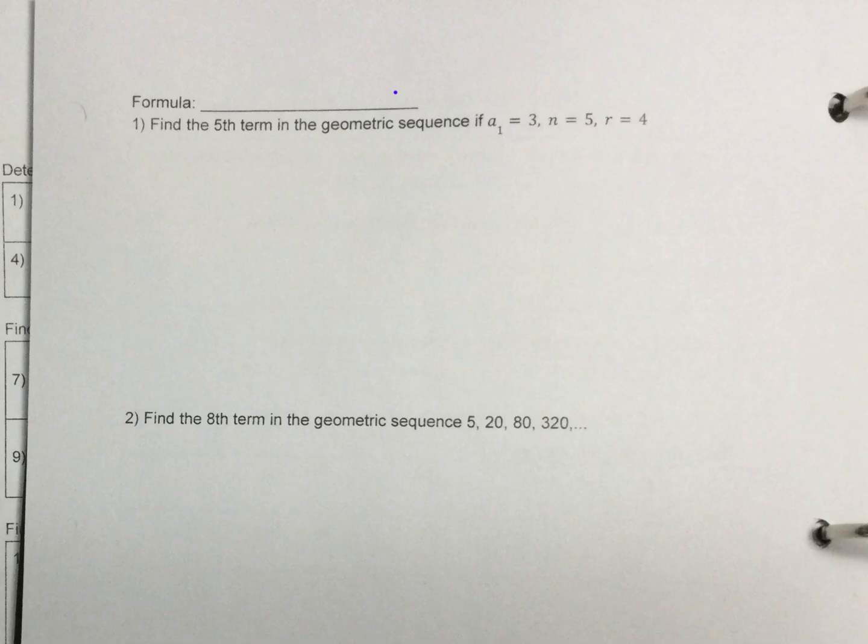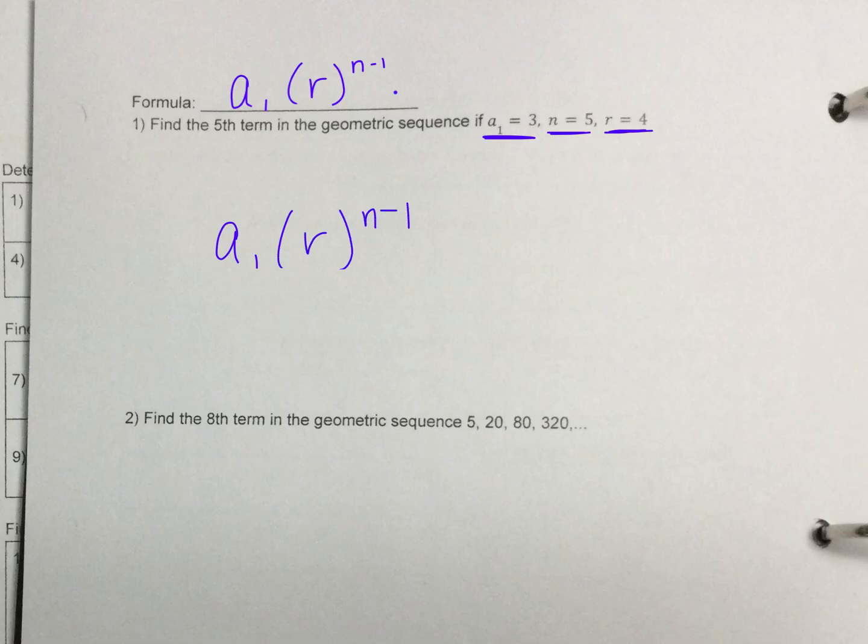We're going to do these 2 problems together, and then I'll be done. So A1, our formula, times R, exponent N minus 1. Find the 5th term in the geometric sequence if A1 is 3, N is 5, and R is 4. So A1 is 3. So let's erase that and put in a 3. R is 4.